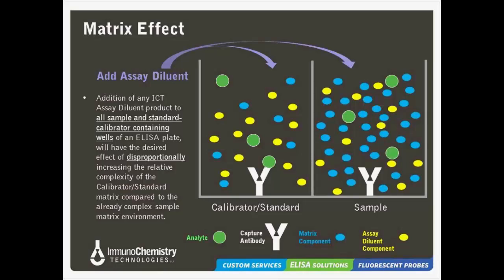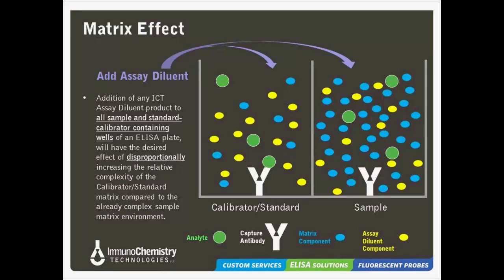So we show here how if you add an assay diluent to your plate wells, the assay diluent has to go in all wells that are going to contain samples, every well. You add the assay diluent first, and then you come in with your samples. What the assay diluent does is it introduces these other interfering factors that will tend to foul up, complex up the calibrator standard to a greater percentage than they do the already complex sample matrix situation on the right.